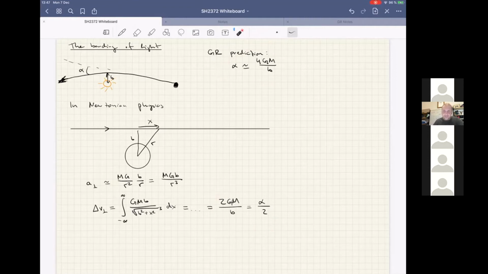However, this has been repeated, and I think it was in the 1960s that it was conclusively shown in radio wave frequencies that indeed it is the general relativistic result that is the correct one, which again is experimental evidence for general relativity as compared to Newtonian gravity.